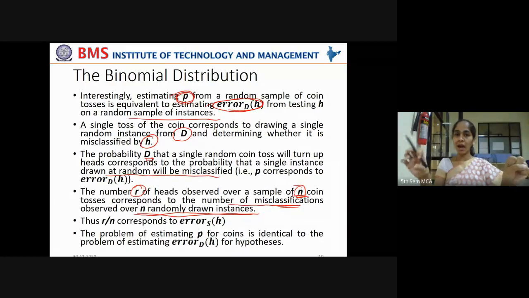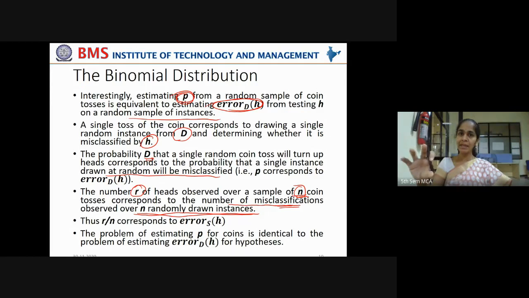Say it makes R errors out of n predictions, then what is the probability of those errors? R by n. Now we are able to relate both of them. Out of n coin tosses, if you observe R heads, the probability of observing heads is R by n.